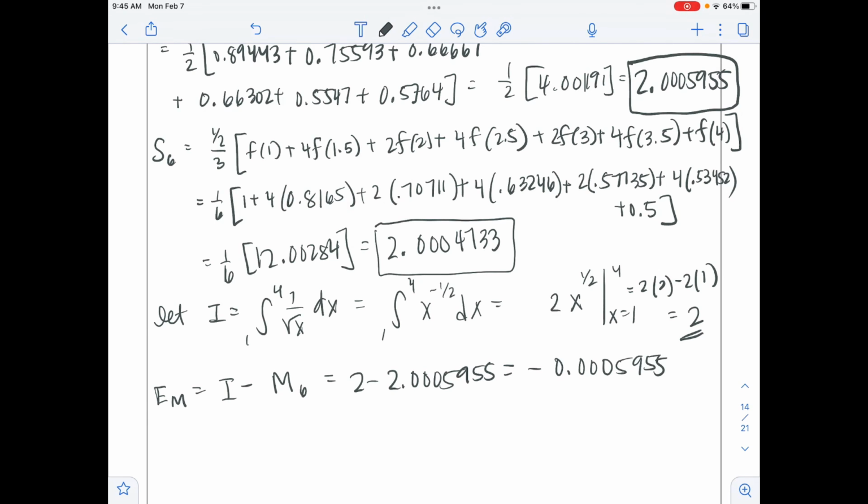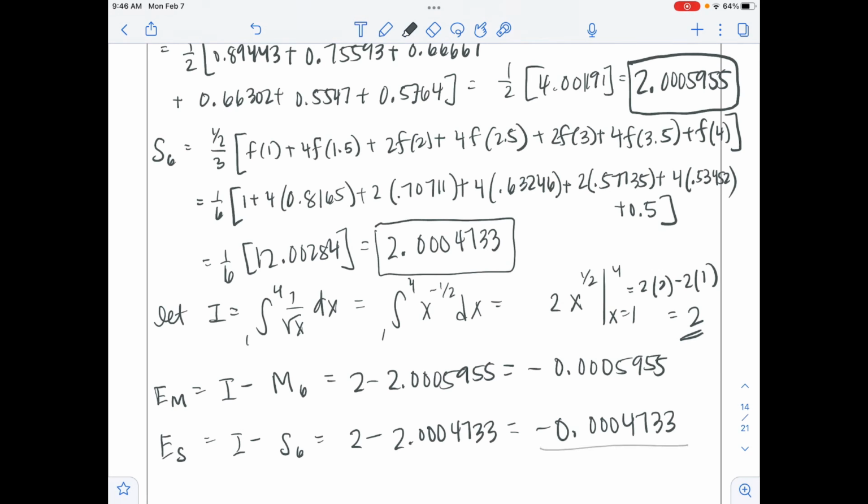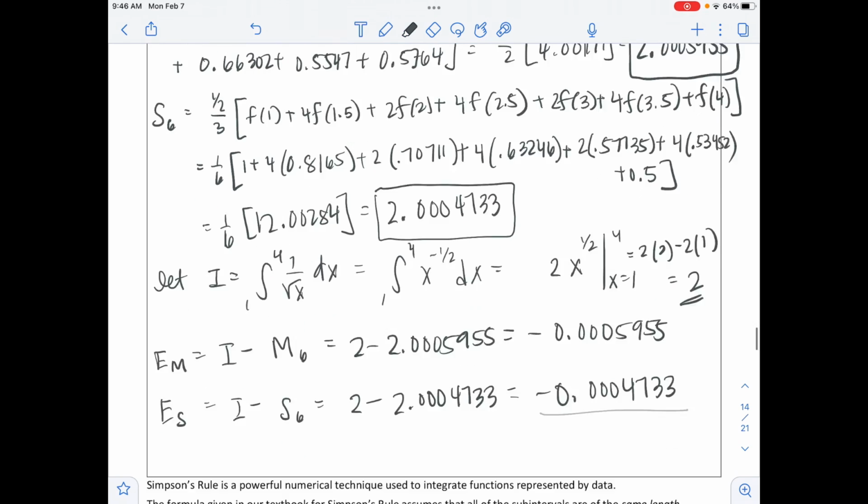Likewise for Simpson's, the error is going to be I minus what we calculated for the Simpson's rule. Our actual area was 2 minus our approximation, and subtracting, we get negative 0.0004733. And so the smaller error is the one that we got from Simpson's.